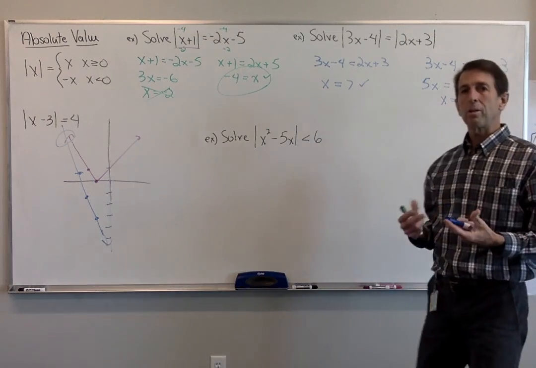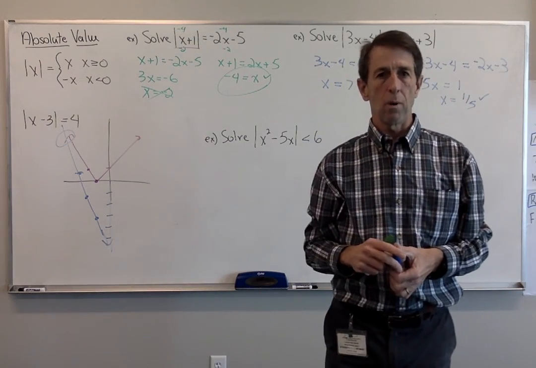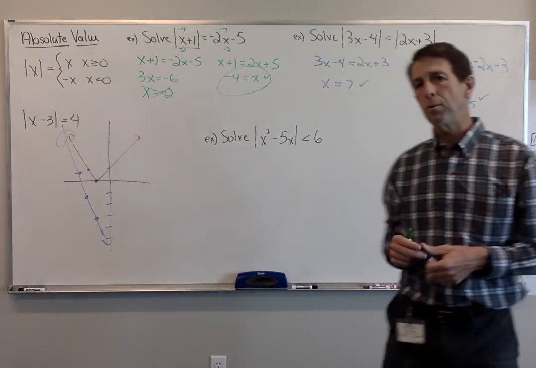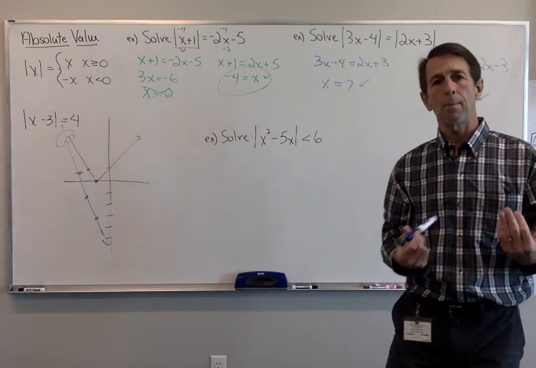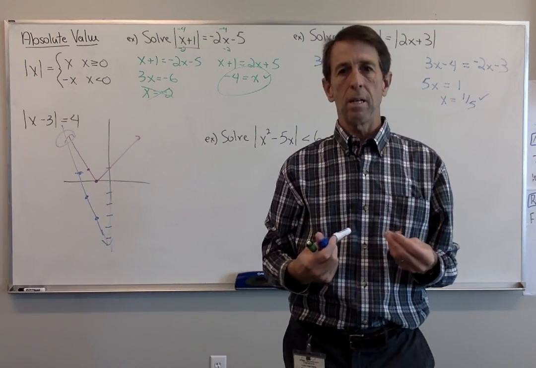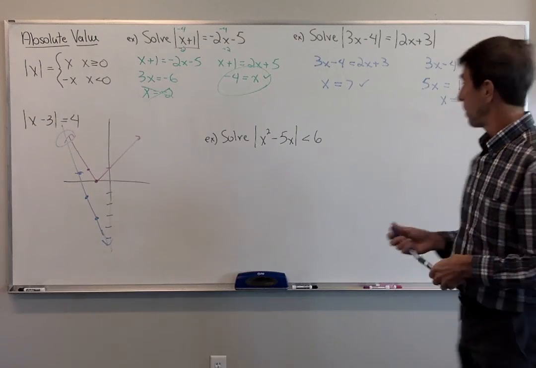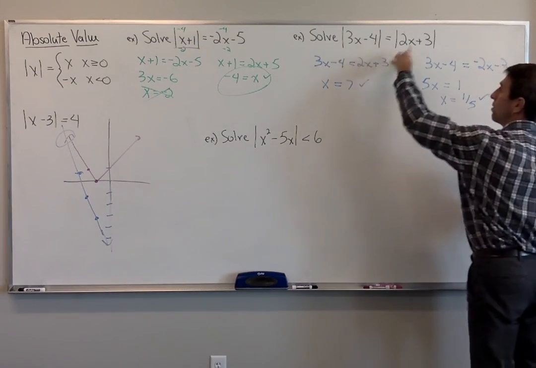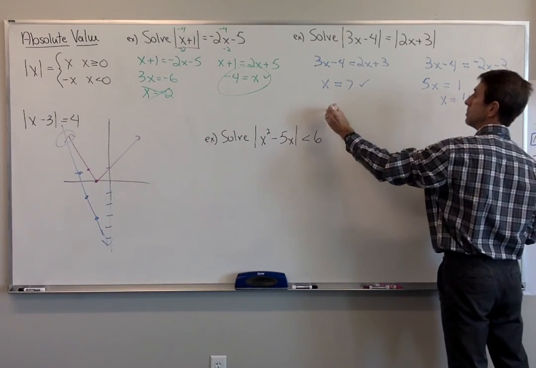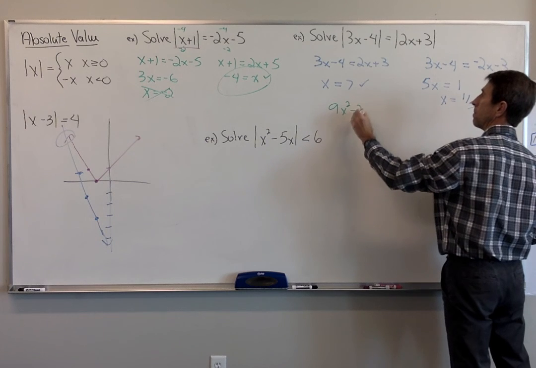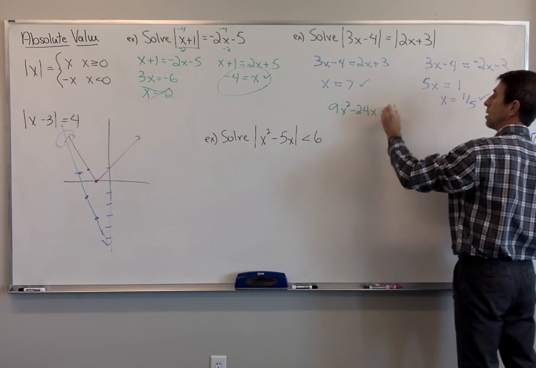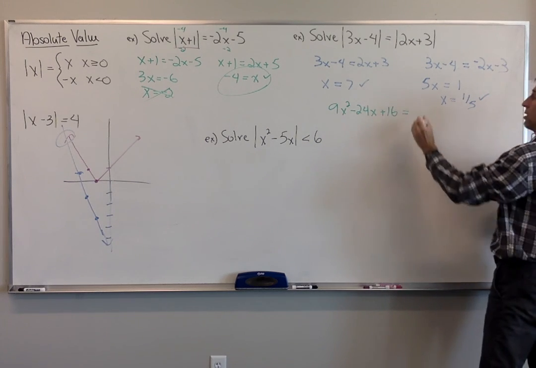So, 2 fairly standard absolute value equations. Now, on the second one, I want to show another option. Might not be a good option here, but it is a technique that might serve you well in the future. I could take both of these and square them, and set them equal to each other.